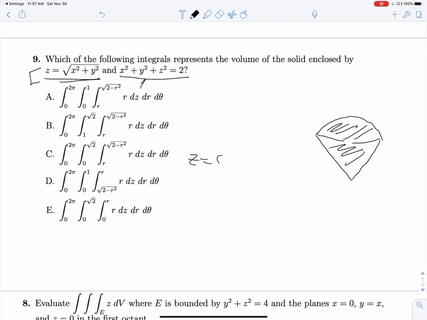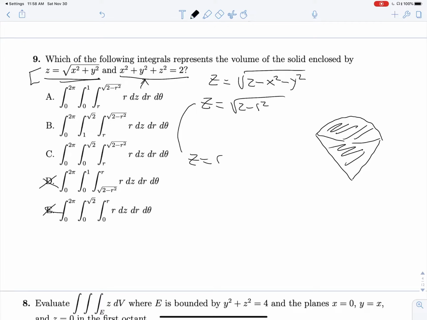And so we can take this guy over here and convert it into z equals by saying z equals the square root of 2 minus x squared minus y squared, or just z equals root 2 minus r squared. And that will be the top bound on our dz integral. So looking for that in our answer choices, we see that we can cross out D and E, and we're left with A, B, and C.